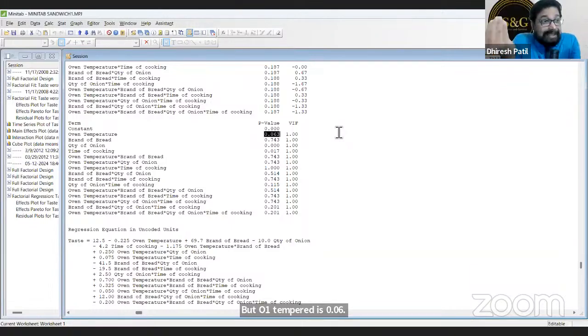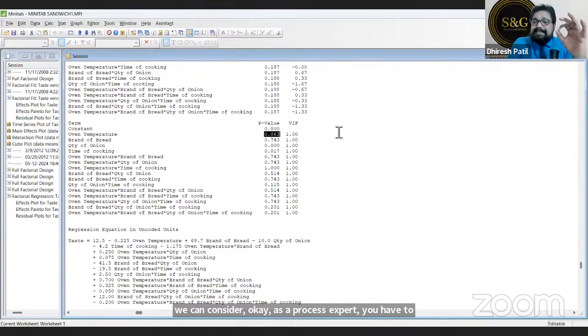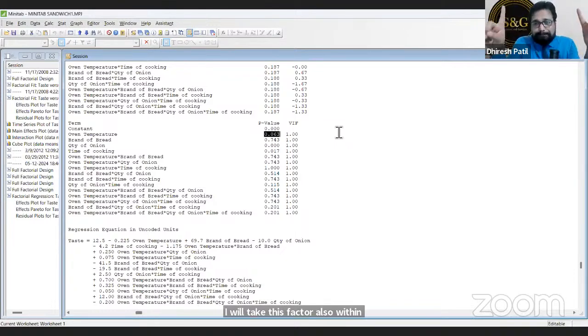So as a process expert, you have to take a call. Statistics is saying that this is not a significant factor, but as a process expert, I will take this factor also within this. Clear, everybody? Everybody with me till now?